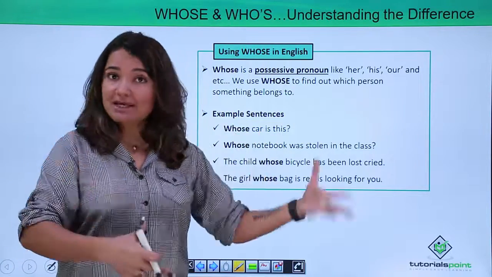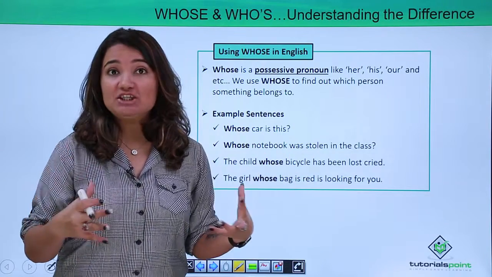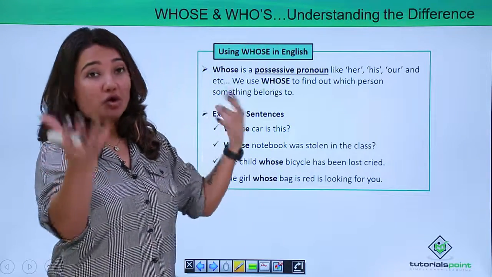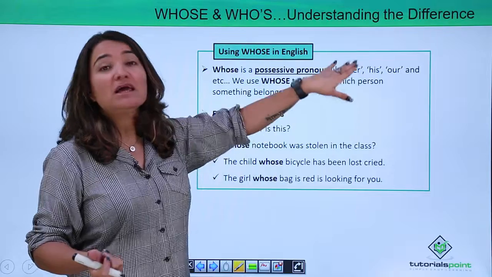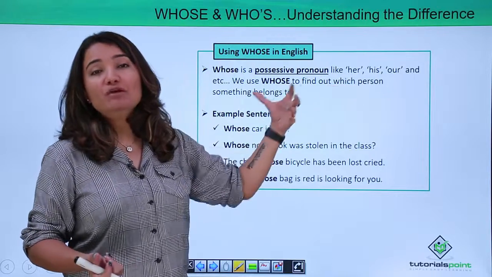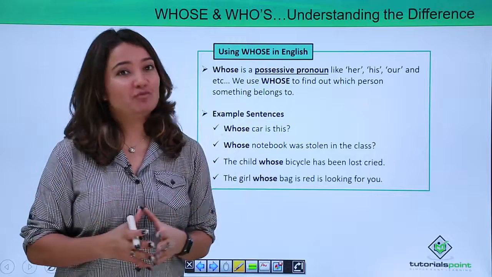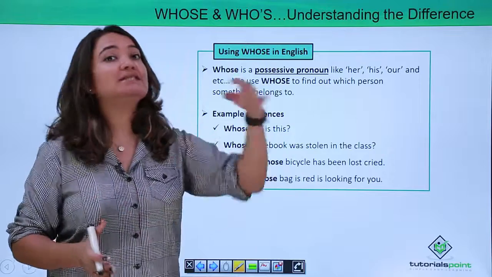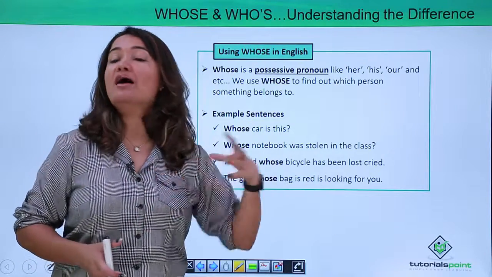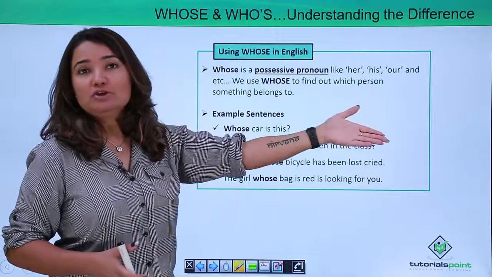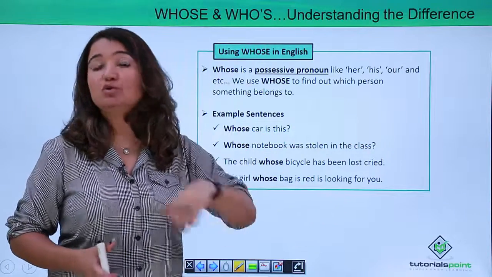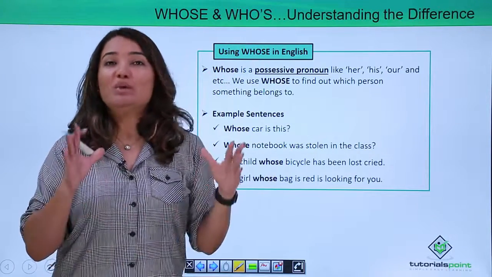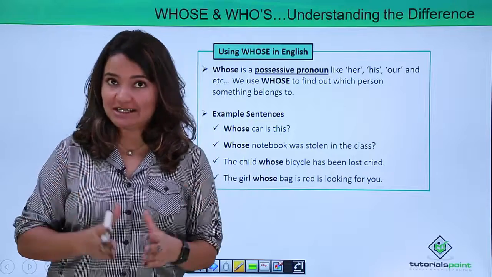For example, her, his, our are all possessive pronouns, which tell you about somebody's possession. For example, his car, her bag, our house, or whose table is that, whose bag is that, whose chair is that. All these words, his, her, our, whose, are possessive pronouns and they tell us about possession.